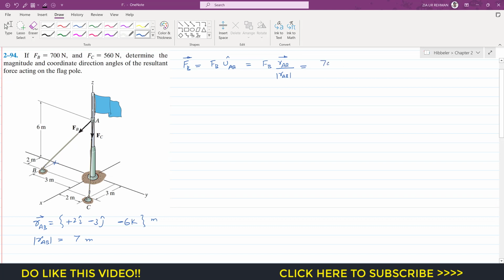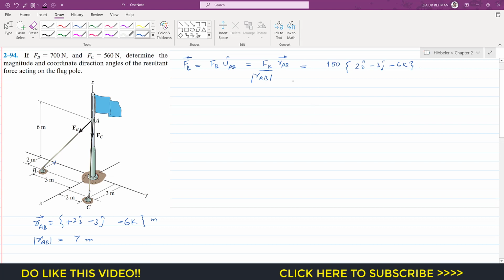So I will write 700, and instead of dividing this position vector by its magnitude, I can write that magnitude AB here as well, right? So 700 divided by 7 multiplied by that position vector, which is 2i minus 3j minus 6k, and 700 Newton divided by 7 will give us 100.